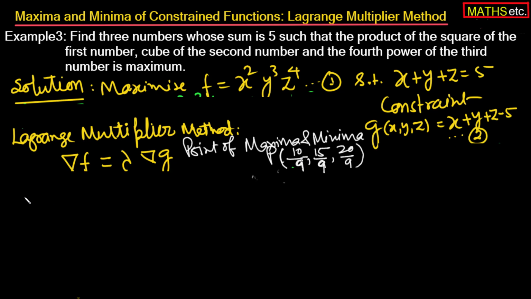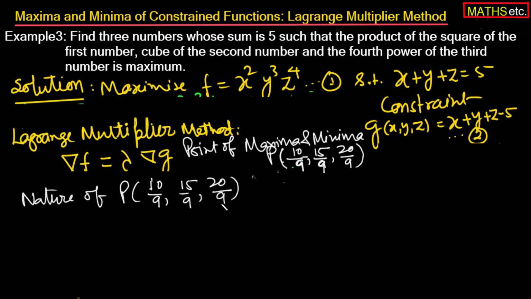So let us find the nature of this point. Nature of this point P, 10 over 9, 15 over 9, 20 over 9, whether it's a point of maxima or minima. So first of all, let us find the value of the function at this point.